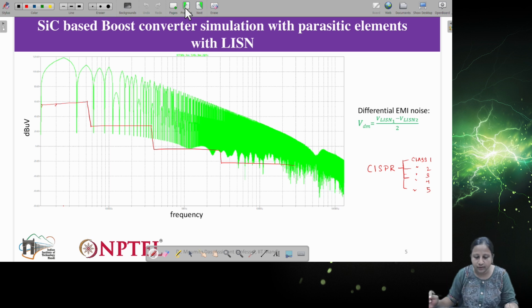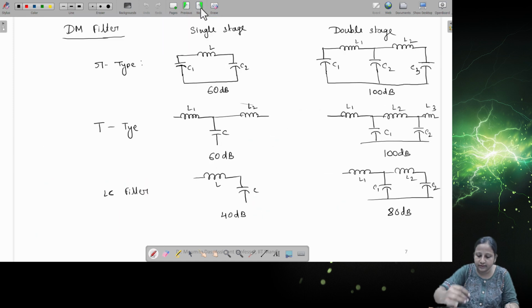If you see, around 60 dB attenuation is required, right? That is possible by connecting this T type of filter, as I said, a single stage T type of filter. So this is the one we can connect.